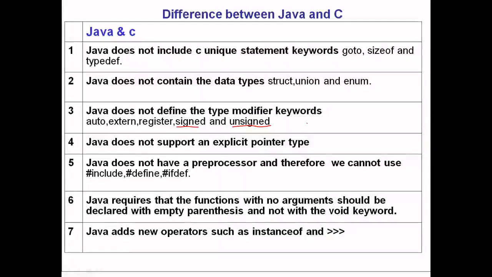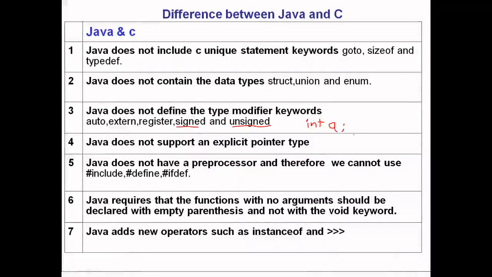For example, if you are creating a variable of type int, that is, you declare int a, by default this a is of type signed. It has a keyword that is signed. That means it is signed integer. That simply means this a can store both positive as well as negative numbers.